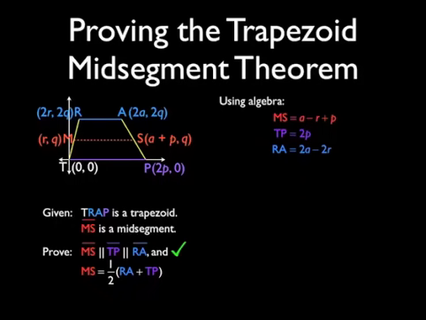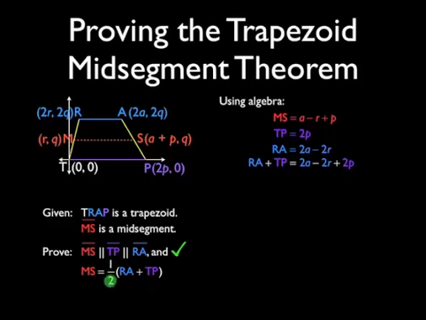Now, to get us started, I'm going to use the addition property of equality and add 2p to both sides of the equation for RA. And of course, since TP is the same thing as 2p, we end up with this equation. Now this is all fine and dandy, but if you notice in what we're trying to prove, we have this 1/2 here.